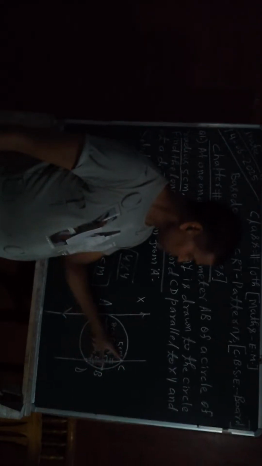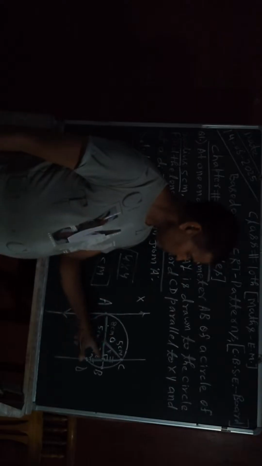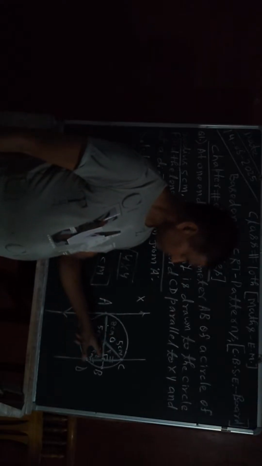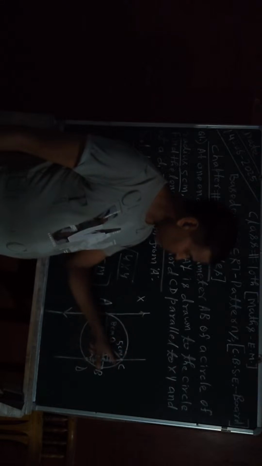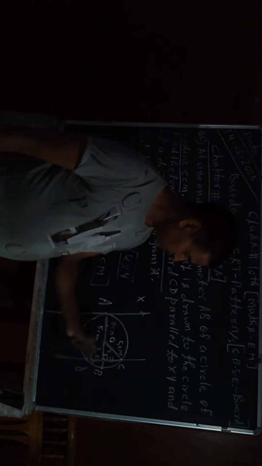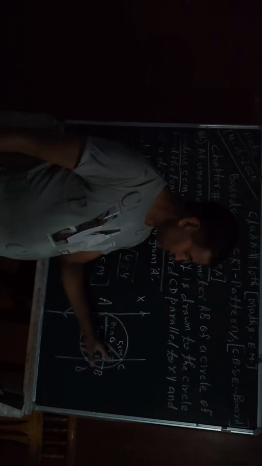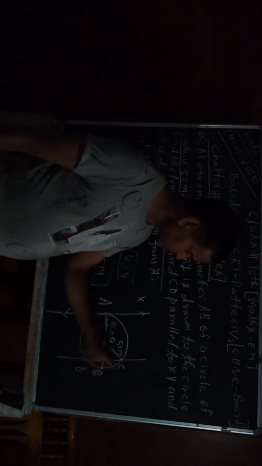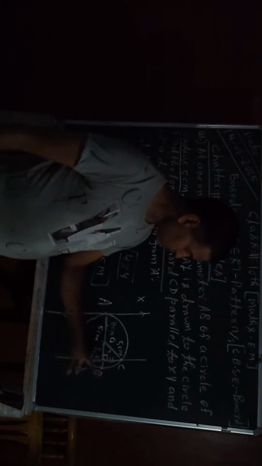BC, or CB, is 4 centimeter, because BC is equal to BD, because the line OE is the perpendicular on the line CD. Therefore, it will bisect CD into two portions.